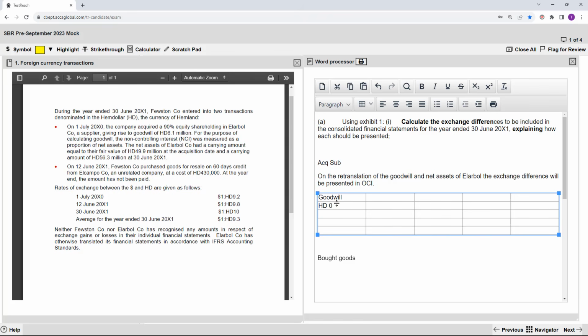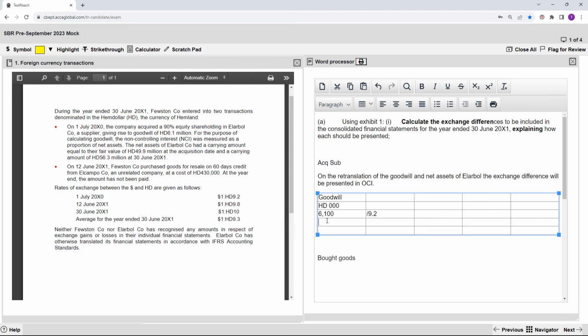Let's put it in thousands, and we have got here 6.1. Last year it would have been translated at the opening rate, last year's rate, which is $1 to 9.2. 9.2 is a big number, so if we're turning the big number into dollars, we're having to divide. We're going to be dividing that by 9.2.